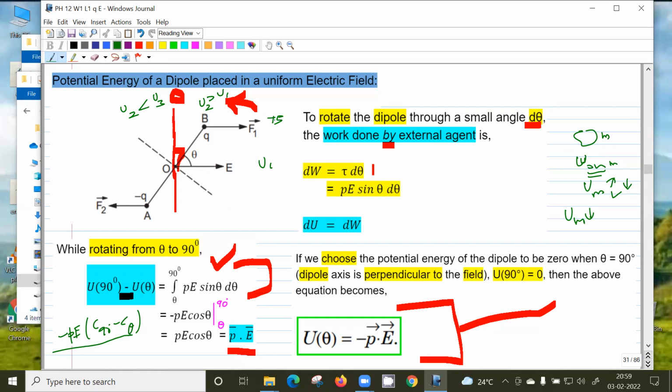So P dot E is 0 here, and here it should be negative, because the potential energy is less than that one. It will be, for example, minus 2 here and minus 5 here, because the potential energy should decrease. If this minus sign is not there, this will not be satisfied.